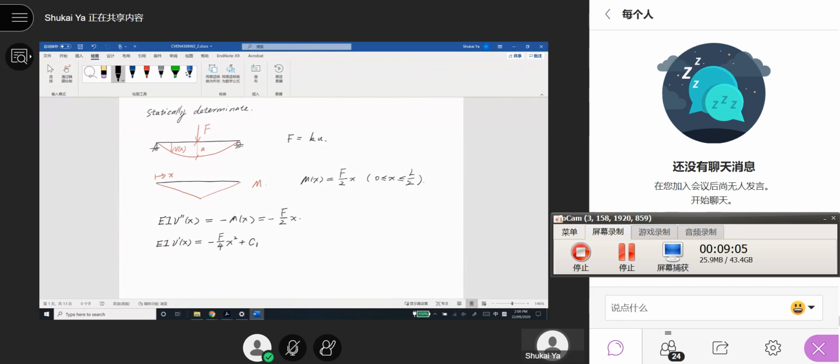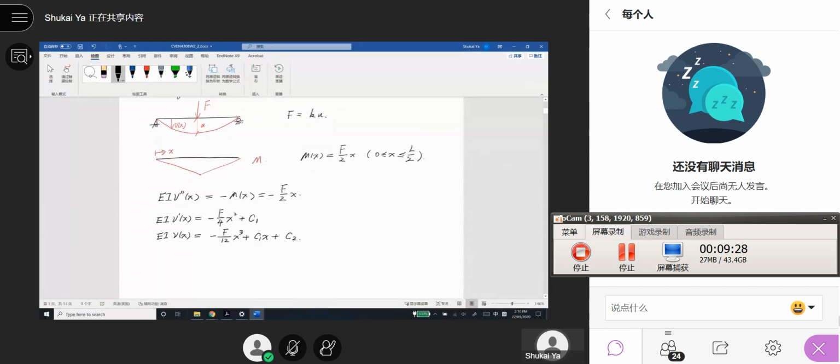C1 is one of the constants. Continuing, we integrate again, and we get the final expression for V, the displacement expression. Now, because there are two unknowns, C1 and C2, these two constants, we need to determine these two values depending on the boundary conditions.